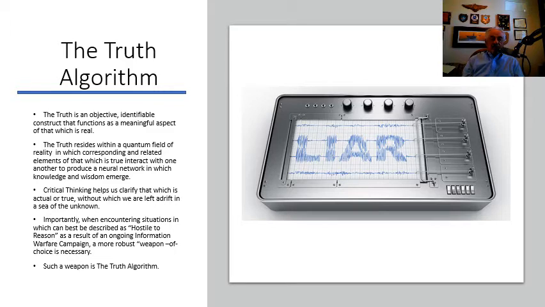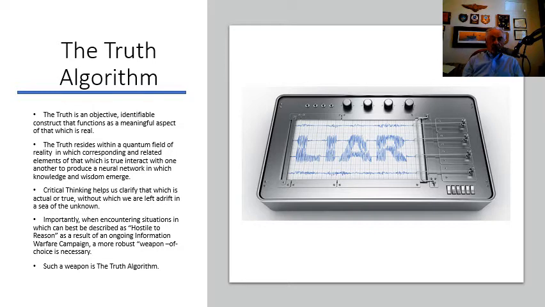The truth resides within a quantum field of reality in which corresponding and related elements of that which is true interact with one another to produce a neural network in which knowledge and wisdom emerges. Critical thinking helps us clarify that which is actual or true, without which we are left adrift in a sea of the unknown.